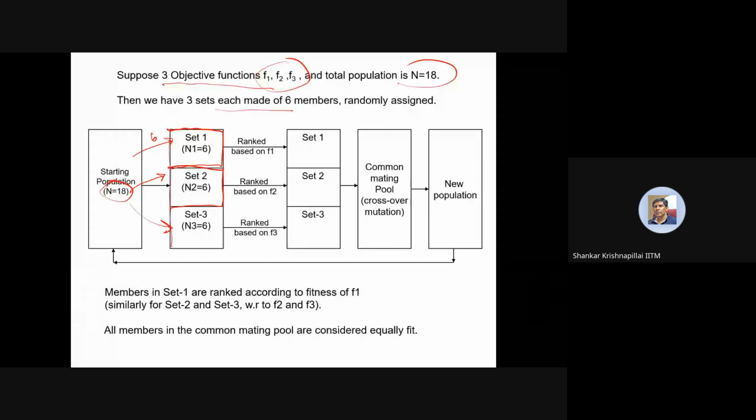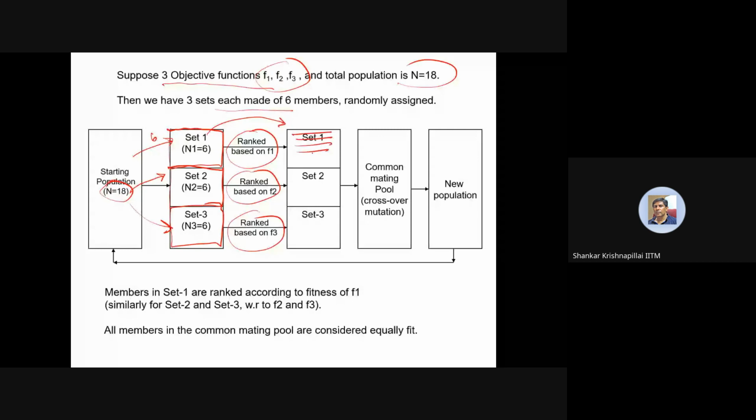So this set 1 is now ranked based on objective function F1. Set 2 is ranked based on objective function F2. Set 3 is ranked based on objective function F3. So set 1 is ranked like 1, 2, 3, 4, 5, 6. This is the best F1.